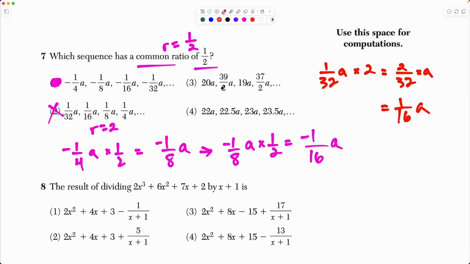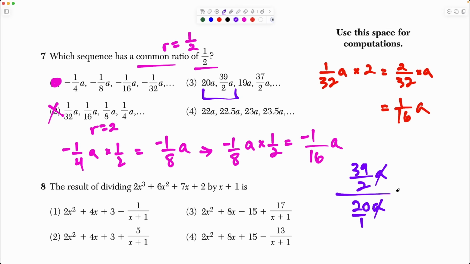And then we look at some of the other answer choices here, and these are definitely starting to get a little bit wackier. Another trick you could use when you want to look for a common ratio is you could divide any 2 consecutive terms. You divide one term by the one before it. So if I did 39 over 2a and I divide that by 20a, the a over a's just cancel.